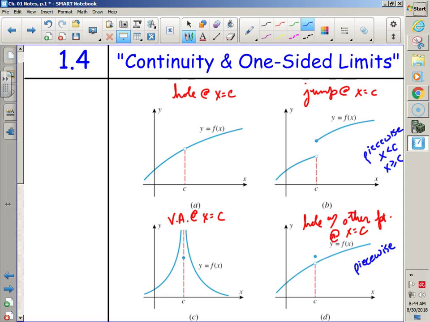How can we do an inequality for everything but that? Yeah, not equal to, right? So I can say x not equal to c and x equal to c. Those would be my two pieces. Something's going on for everything but c, and then something else is going on at c. Any other piecewise functions?